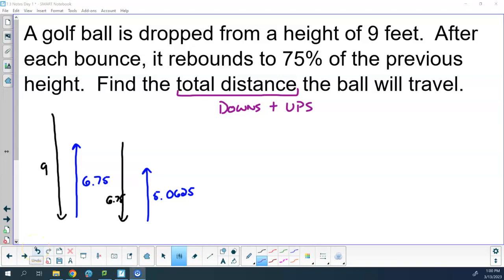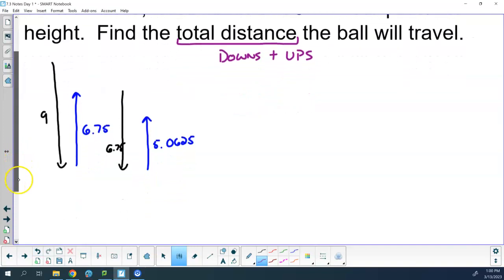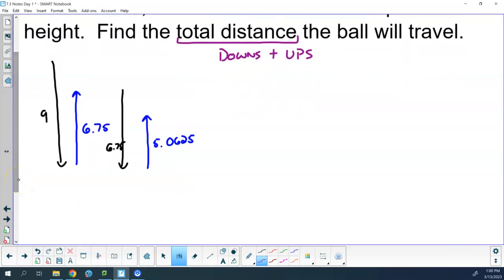Because we're always talking about one complete cycle, and the fact that this ball, if this were in a vacuum, would keep bouncing forever and ever, we can go with the fact that the sum of the distance it took here on bounce number 1 was 15.75 feet. I took these two and I added them together.